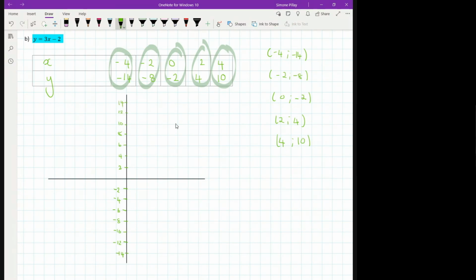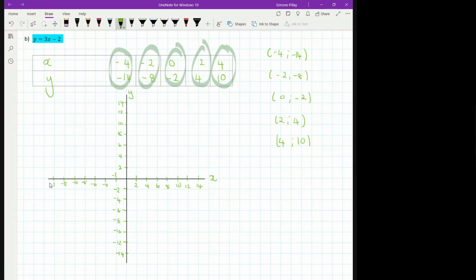Let us label our x-axis. It is going to have to be in 2s, because that is what I've done with my y, and by the way, we label our axes. So 8, 10, 12, 14, then negative 2, negative 4, negative 6, negative 8, negative 10, negative 12, and negative 14.